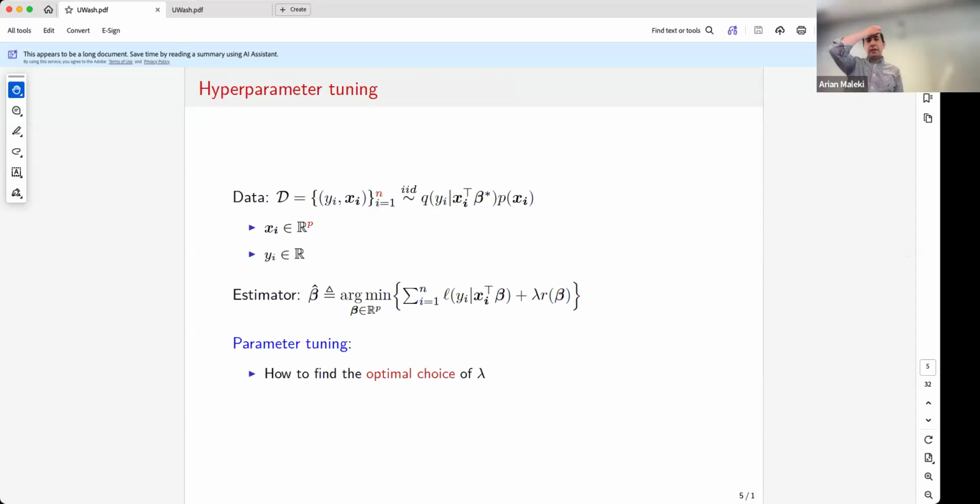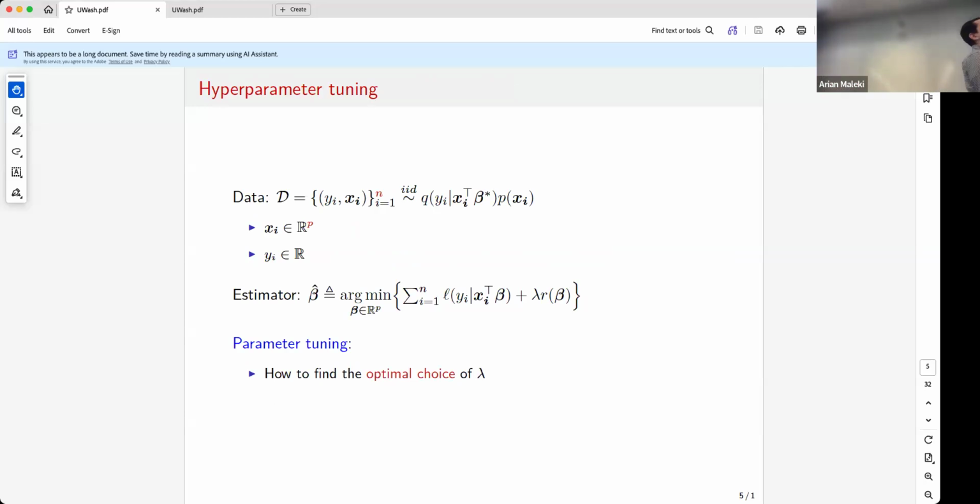Okay, so what is hyperparameter tuning, and how does the data removal problem appear here? This is the problem. Let's say we had this estimator beta hat, and in this particular case, as I said before, this is the regularizer that is controlling the variance of the estimator.